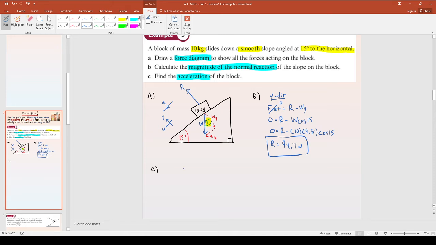Okay, and you're back. So just to make sure you did get it, so you're in the x direction, as we just said, x direction, balance of forces, F net, equals, what you've got in the x is going to be WX. There's no other force in the x, so that's that. F net, though, it is accelerating this time, so we'll swap it for ma. WX is going to be W sine this time, sine 15.